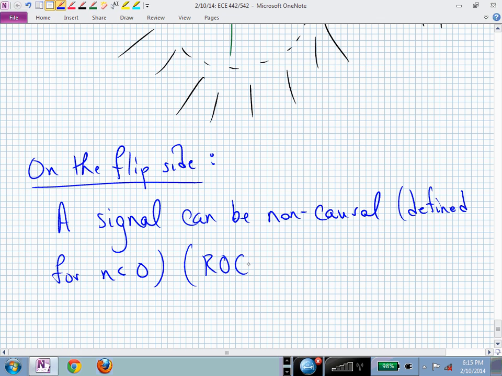What do we know about the region of convergence if we have a non-causal signal? It's interior to all of the poles, isn't it? So this region of convergence is interior to the poles.